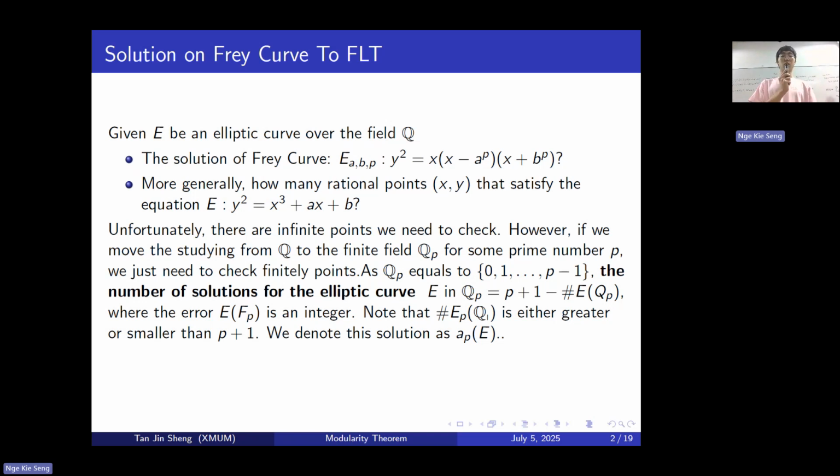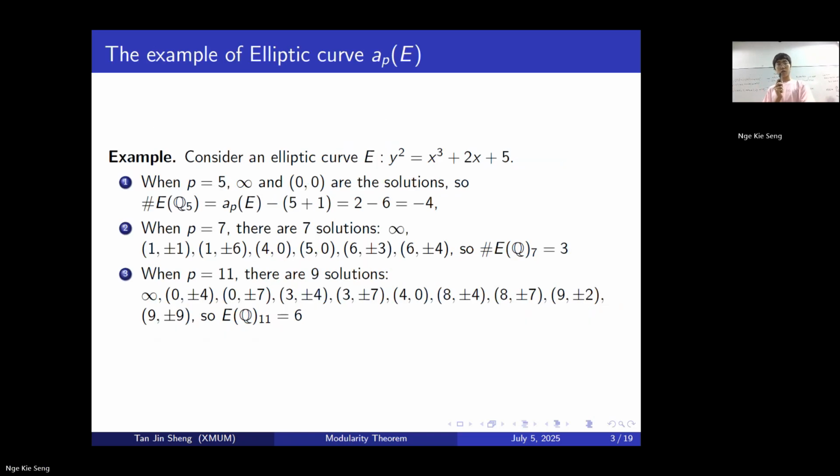This is the number of solutions of the elliptic curve, shown below. Now we consider the example y squared equals x cubed plus 2x plus 5. When p equals 5, infinity and the origin are solutions, as the elliptic curve is in projective space, so it includes the point at infinity.